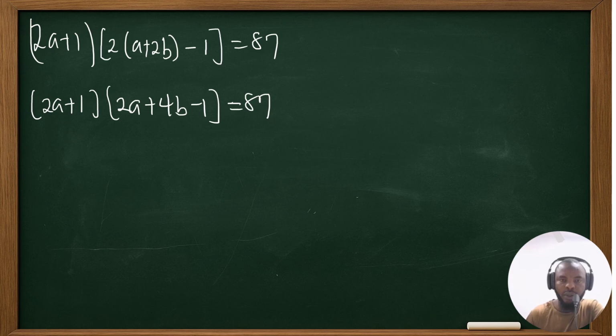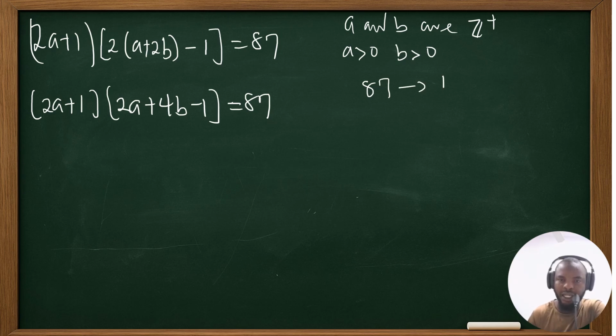Now, I want you to recall something. Here we have that a and b are positive integers. So a is greater than 0, and b is greater than 0. Now let's look at the factors of 87. What are the possible two factors of 87?